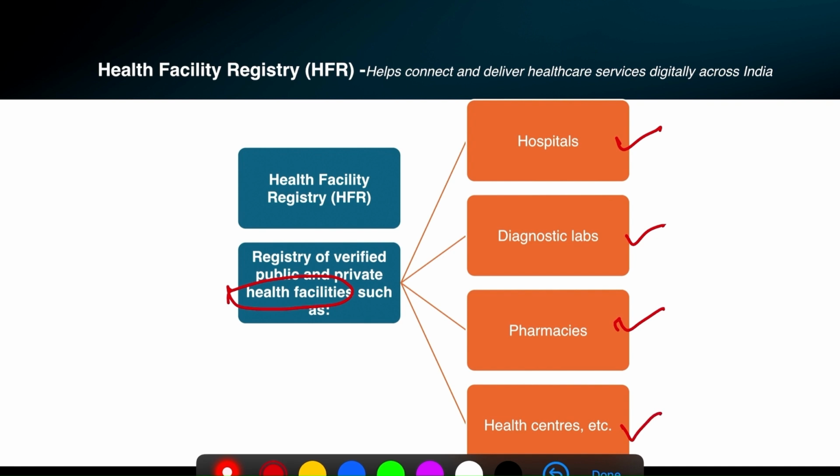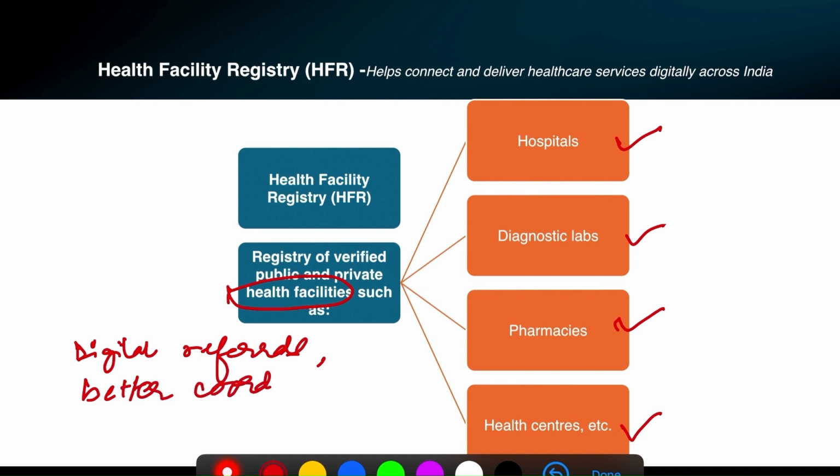And in this also, both the public as well as private facilities are included. Health facility registry will help in the digital referrals. It will also ensure better coordination and smooth delivery of healthcare services.